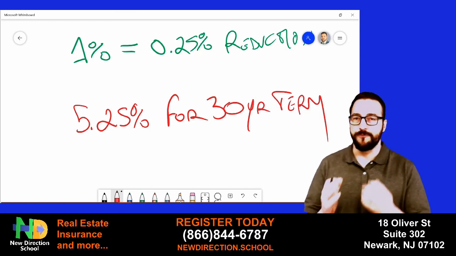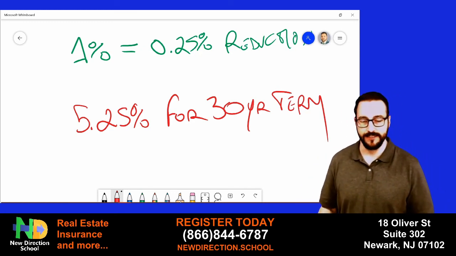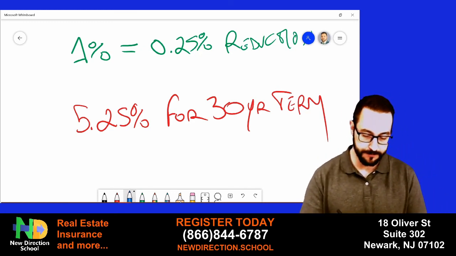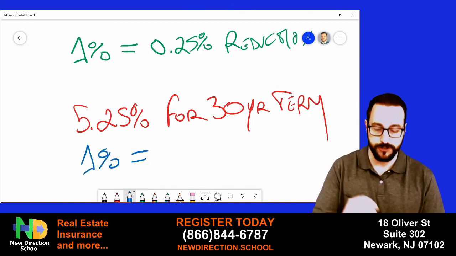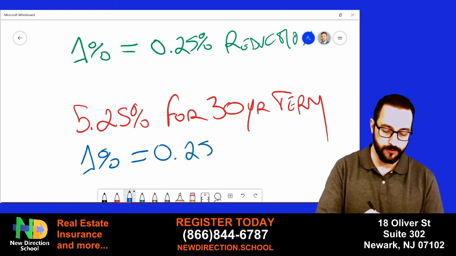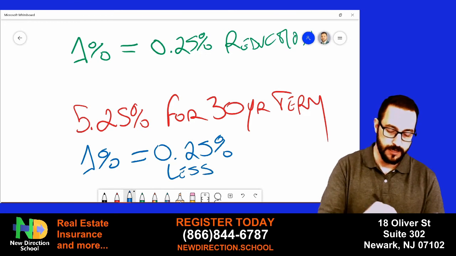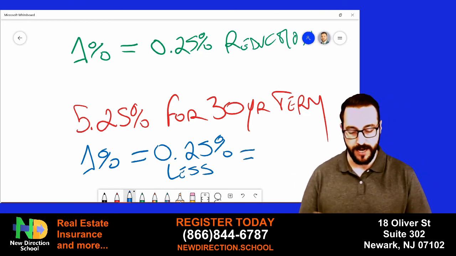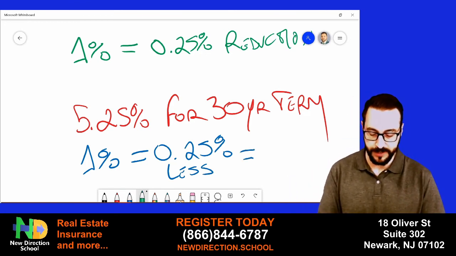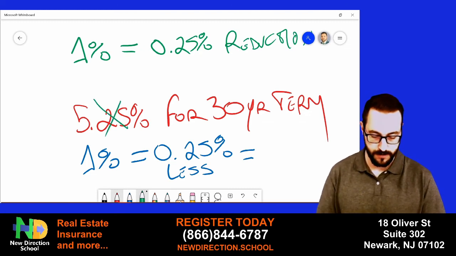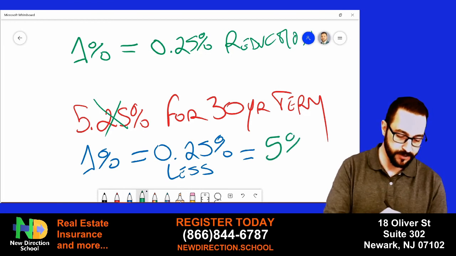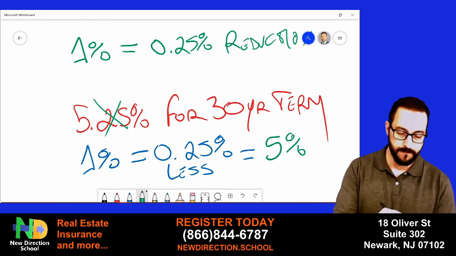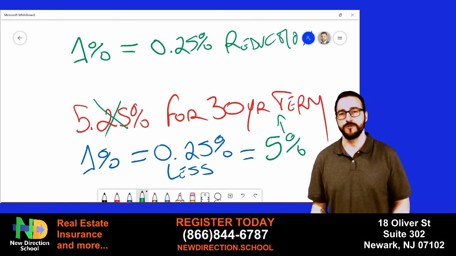Now, if we paid 1 point, because that's what your lender is asking for, 1% of the loan, it would equal a reduction of 0.25% less. So instead of paying 5 1/4, now, because of what you've done, you're going to pay 5% for the term of the loan.